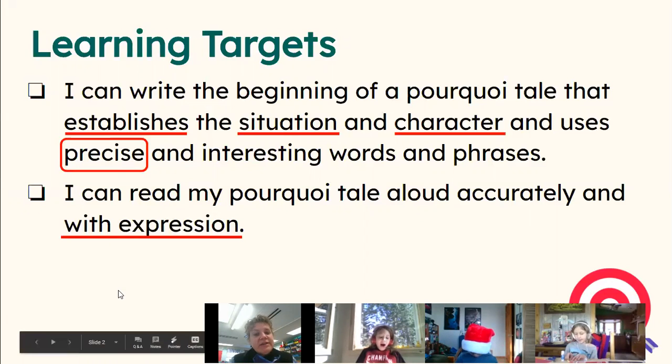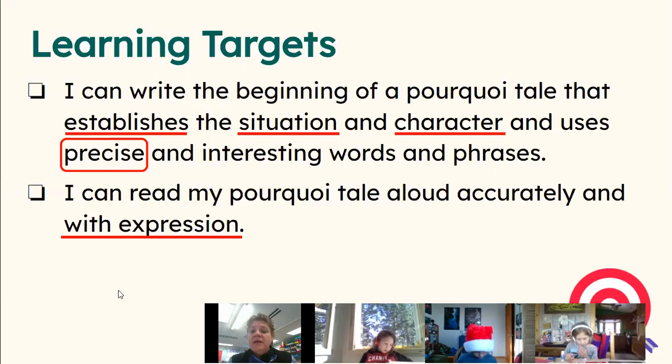Our second learning target today has to do with being able to read your pourquoi aloud, accurately, and with expression. After we come back from Christmas break, you are going to have an opportunity to read your pourquoi aloud, and we are going to grade your ability to read it fluently, with expression and smoothly.